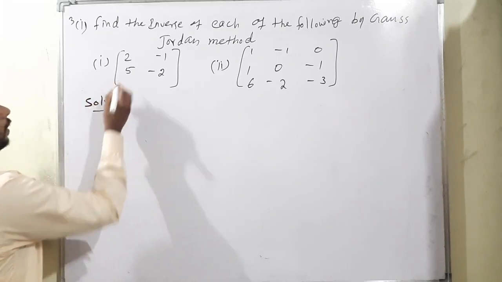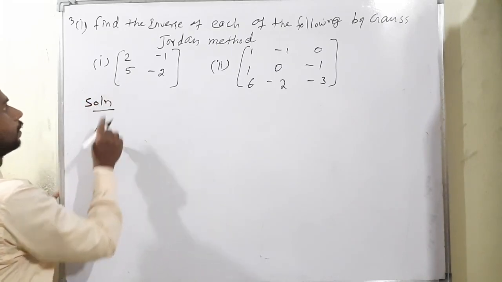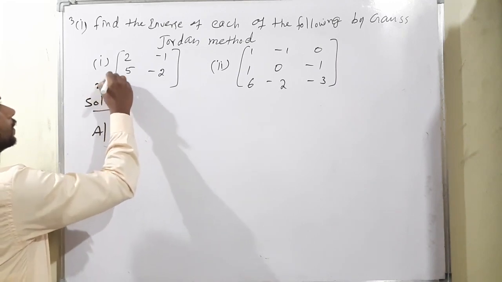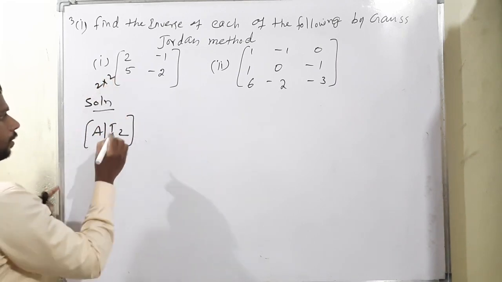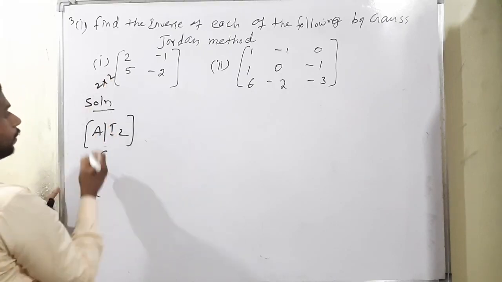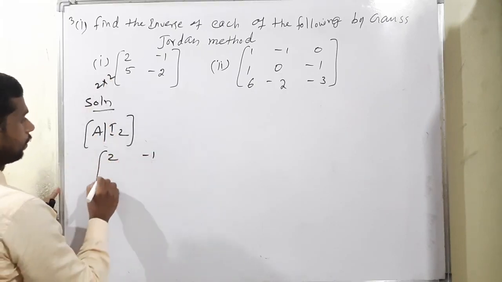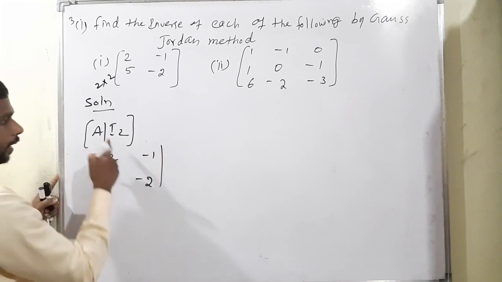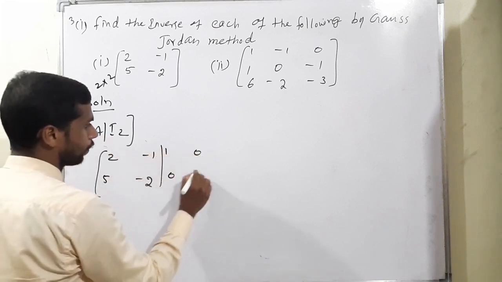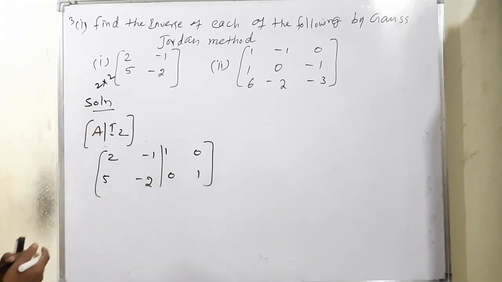Solution. The given condition: the augmented matrix. It is a 2 into 2 matrix, therefore we can write it as [A | I]. So the augmented matrix means the given matrix 2, minus 1, 5, minus 2, augmented with the identity matrix 1, 0, 0 and 1. Now look there.